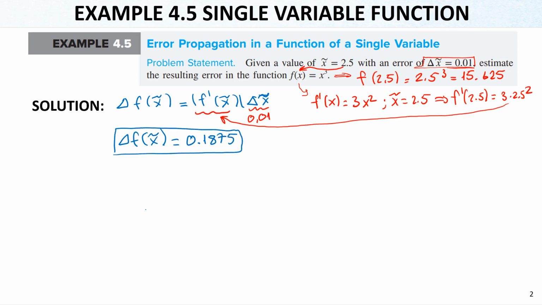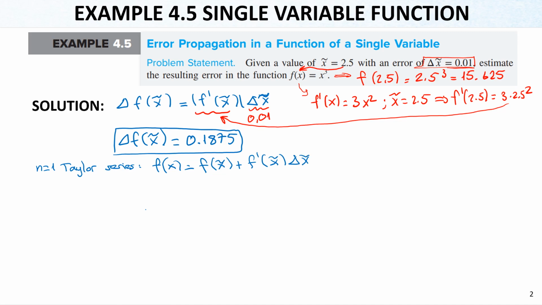We calculated this. Now we can get the f(x) result using the first order Taylor series, so n equals 1. This series says f(x) is equivalent to f(x tilde) plus f prime x tilde times delta x tilde.